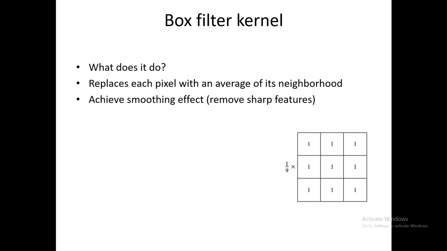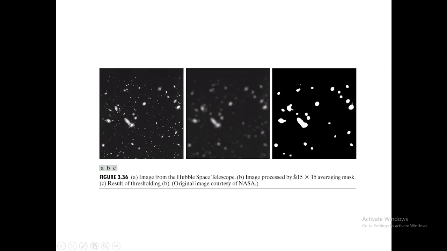What it does is replace each pixel with the average of its neighborhood, and it achieves a smoothing effect, which removes the sharp features. Here we can see the filter coefficients in this figure, and here is an example of a box filter.